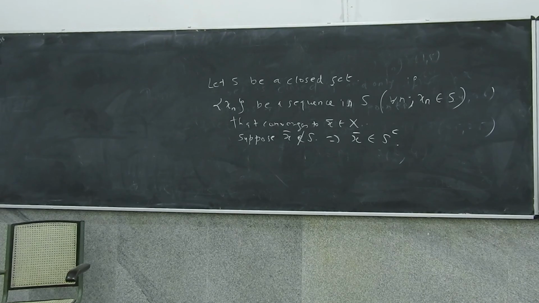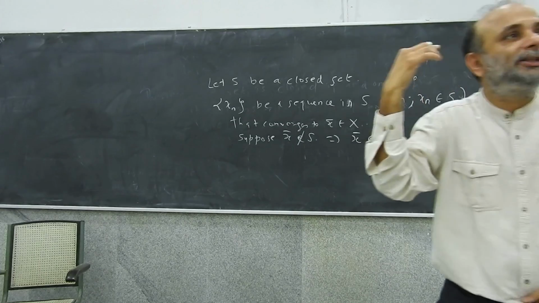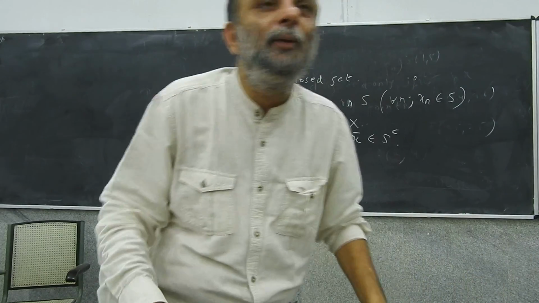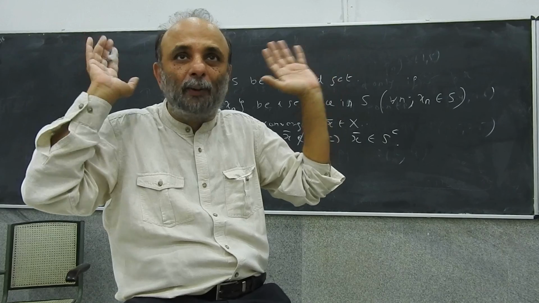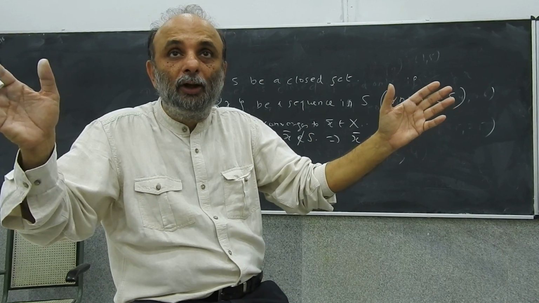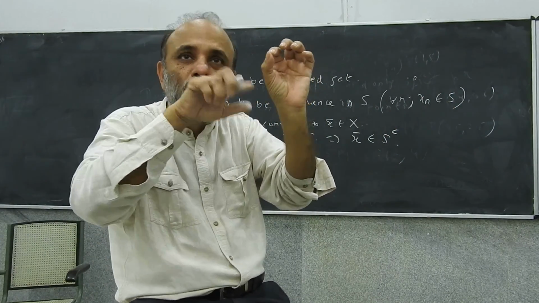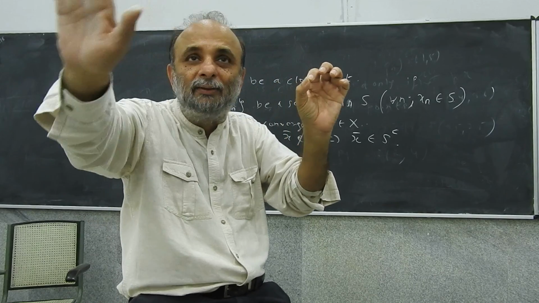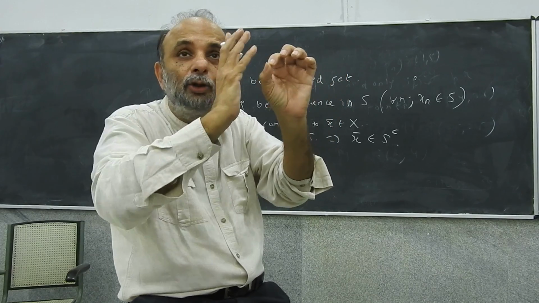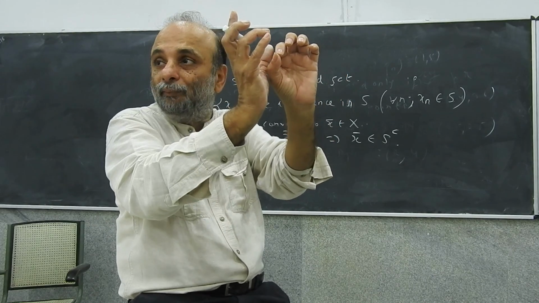Now if X bar does not belong to S, it has to belong to S complement. If it belongs to S complement, which is by definition open, then around every point of S complement there has to be at least one open neighborhood which is contained entirely within S complement. So there are no points of S in that neighborhood.